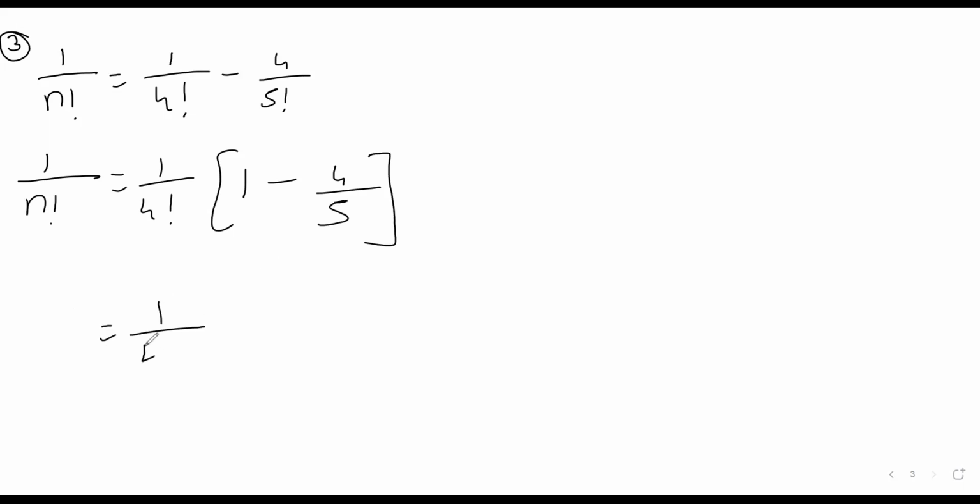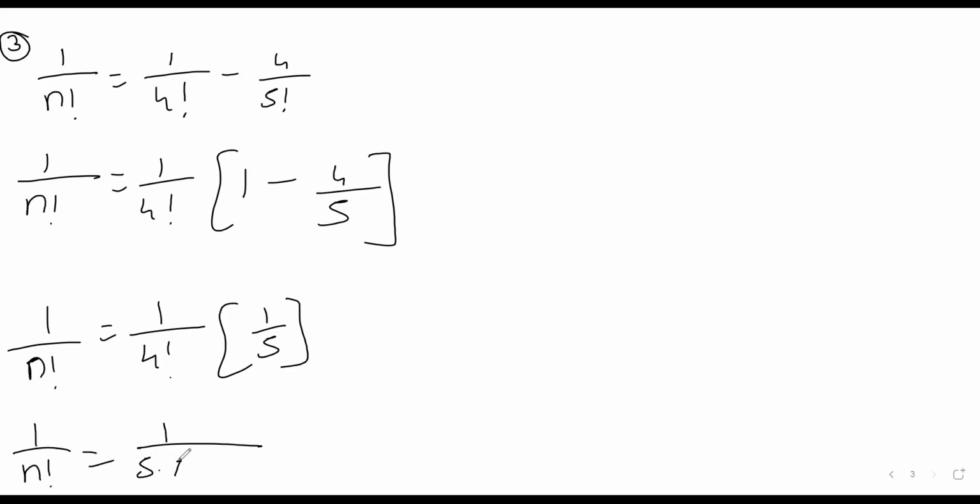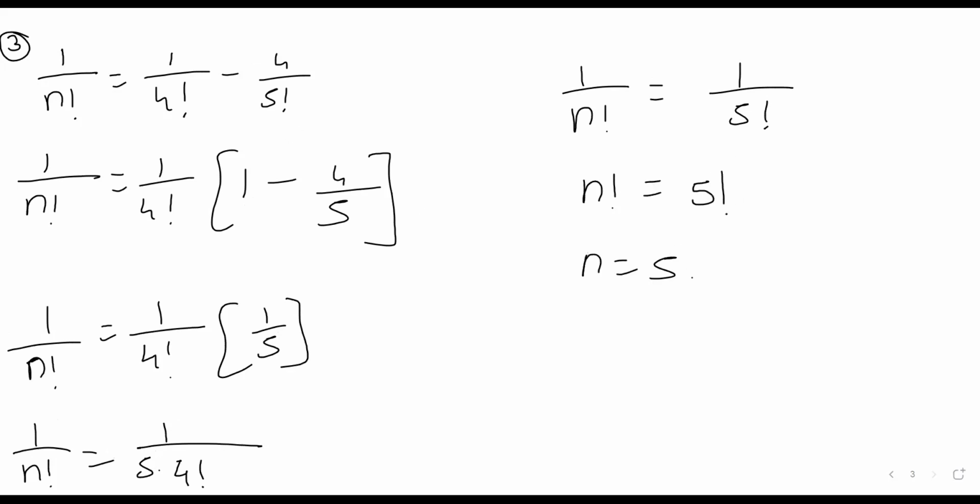This will be 1 upon 4 factorial, and here 1 minus 4 by 5 is 1 by 5. 1 upon n factorial is 1 upon 5 into 4 factorial. So 1 by n factorial is 1 upon 5 factorial. Obviously n factorial is 5 factorial. n is equal to 5. This is your question 6.